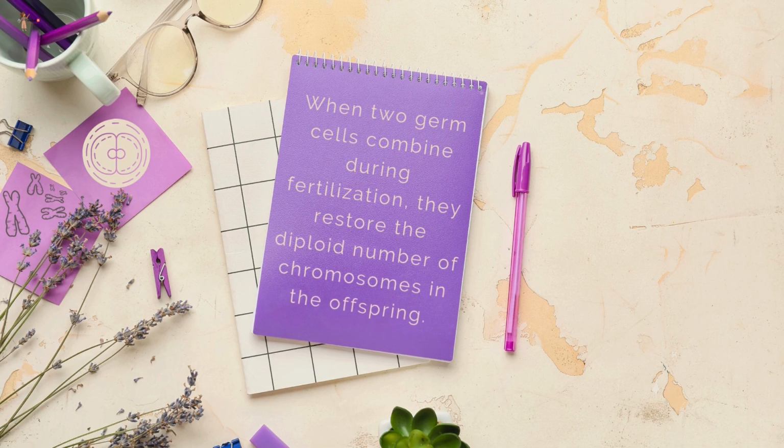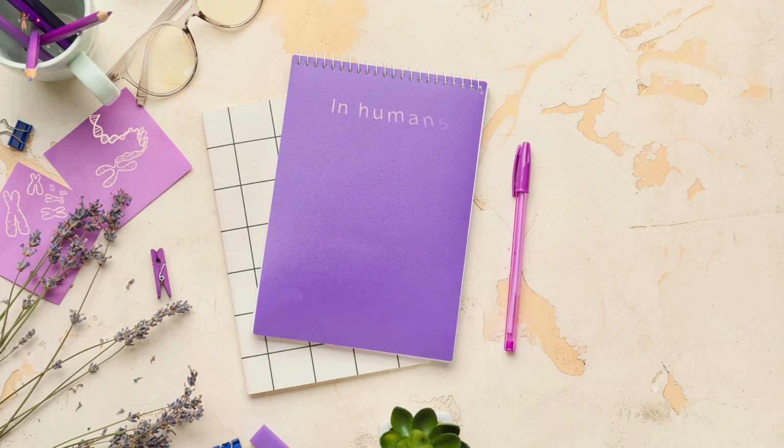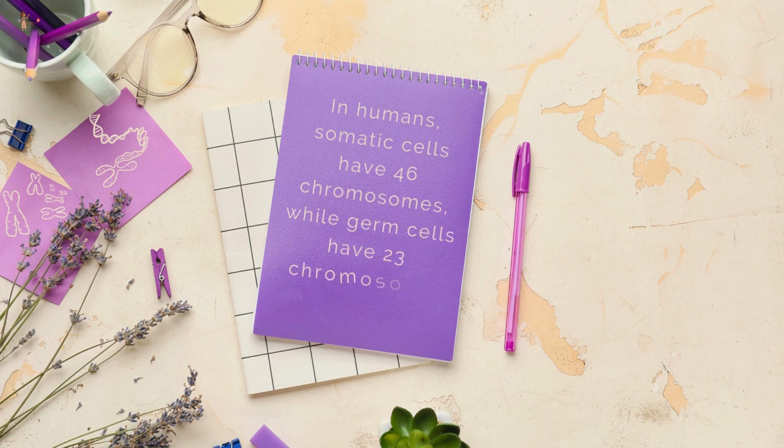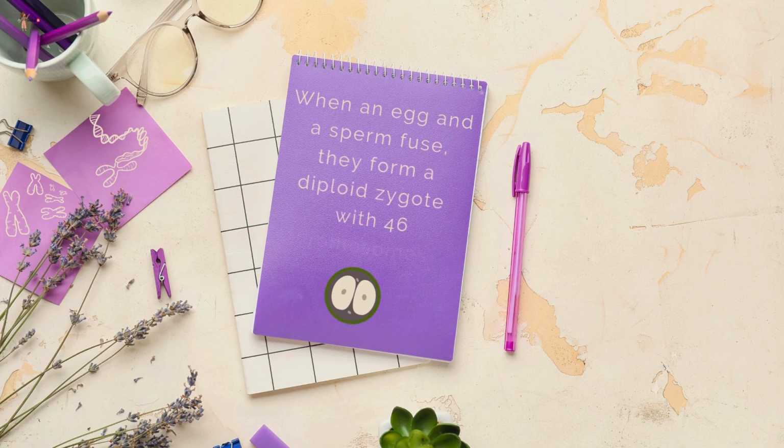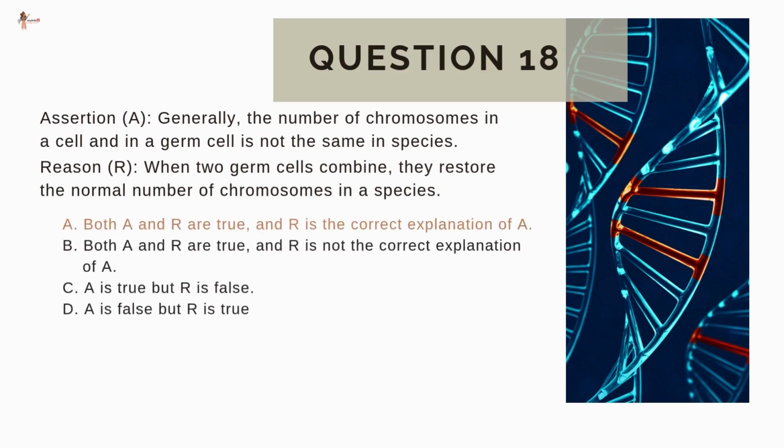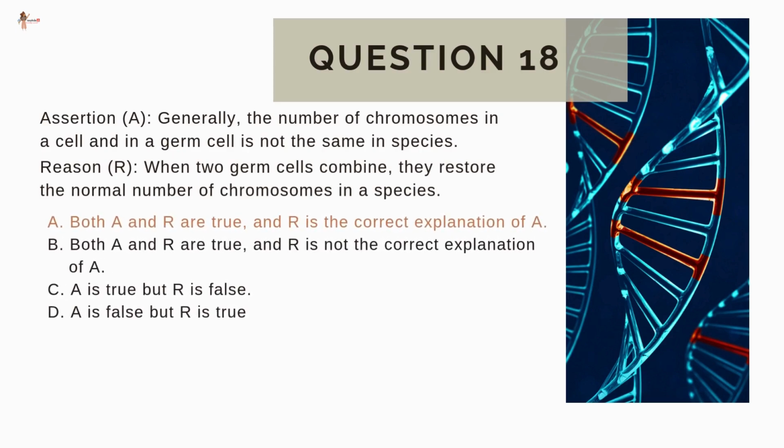When two germ cells combine during fertilization, they restore the diploid number of chromosomes in the offspring. For example, in humans, somatic cells have 46 chromosomes, while germ cells have 23 chromosomes. When an egg and a sperm fuse, they form a diploid zygote with 46 chromosomes. Thus, option A is correct.